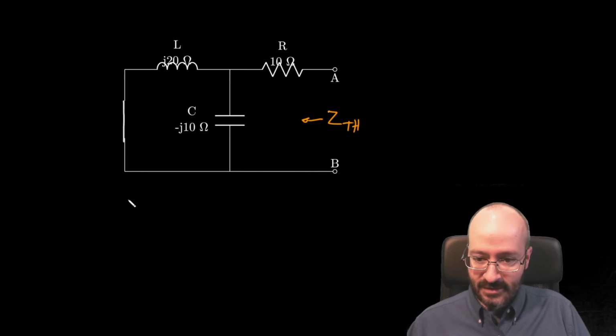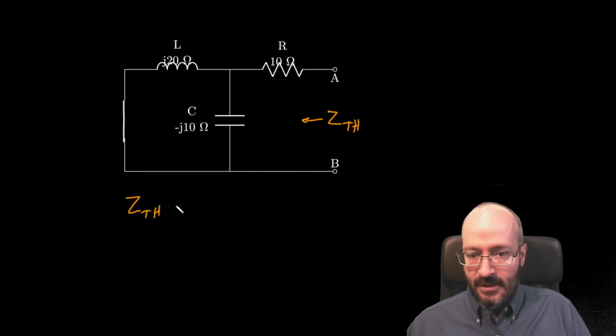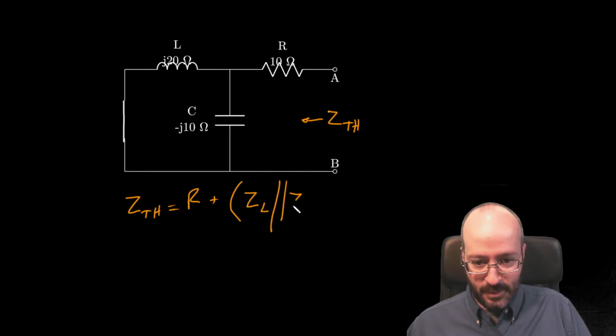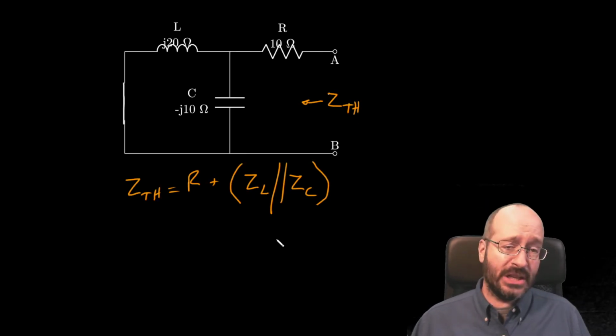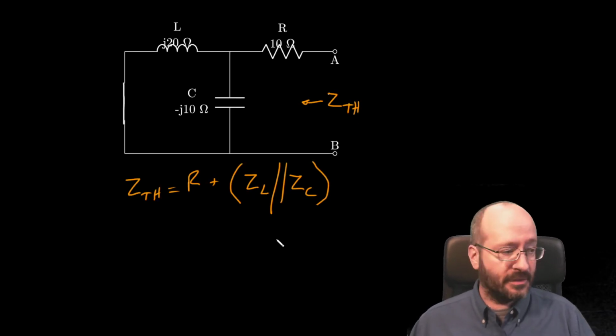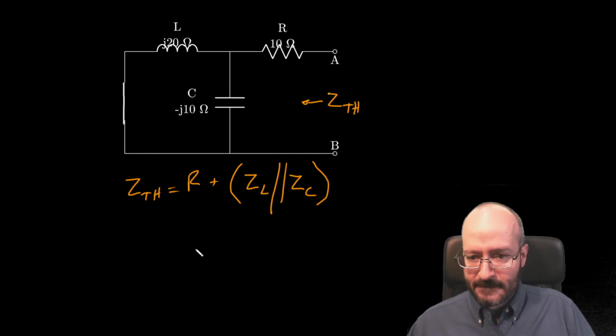So Z Thevenin is equal to R in series with Z sub L in parallel with Z sub C. Since there's only two, we can do the product over the sum, which is good times.